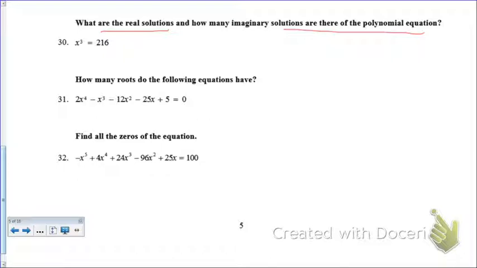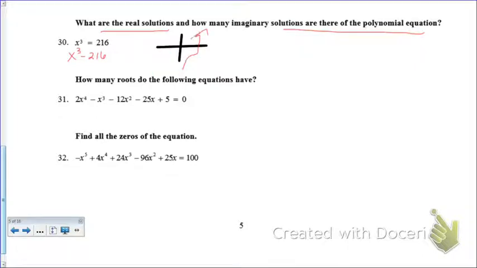I'm pretty sure if I put it in this way, Desmos really isn't going to recognize it. So if I bring the 216 over with the x cubed, and put that in my calculator, then it's going to graph. And so I'm going to have something that looks like this.